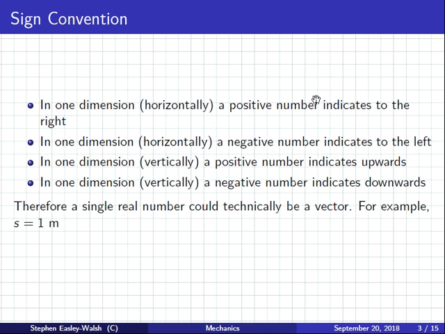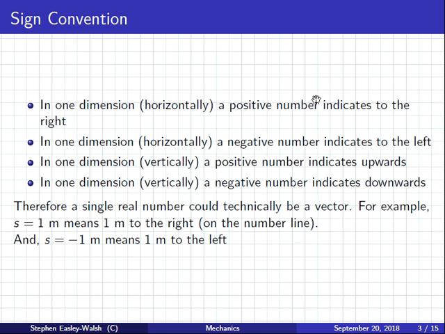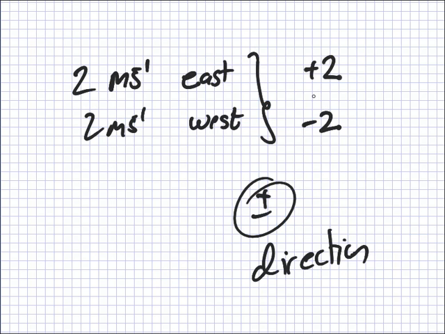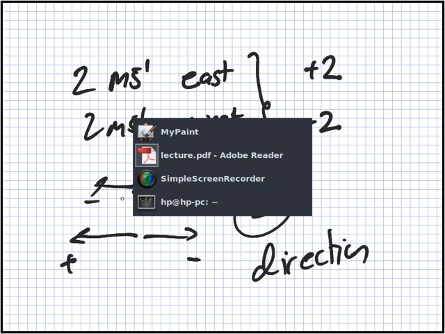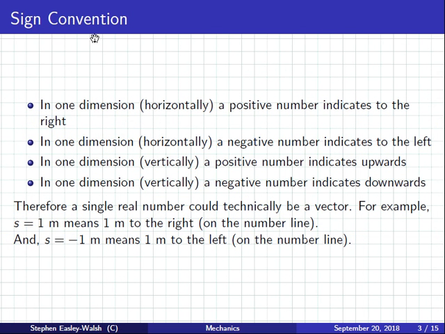For example, if s equals 1 meter, that means 1 meter to the right, and -1 means to the left. Now, just to be clear, this is not a rule. You can say this is plus and this is minus, but most people say this is plus and this is minus. So we call this a sign convention.